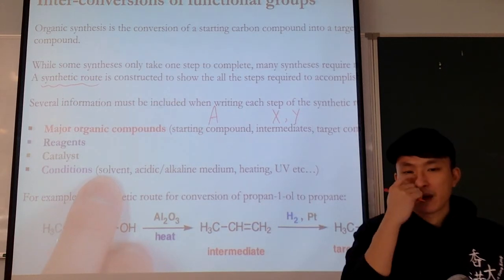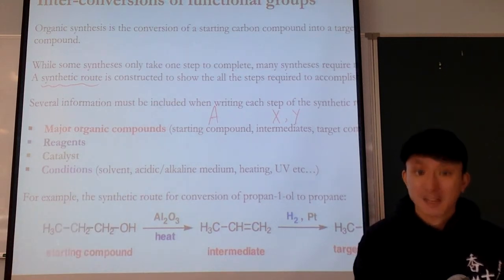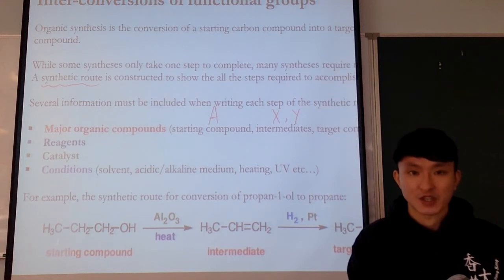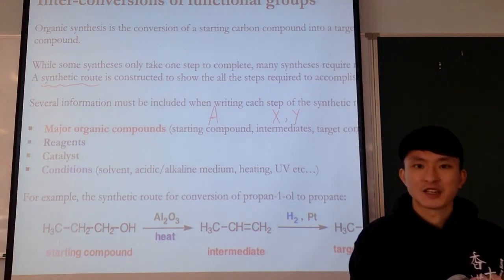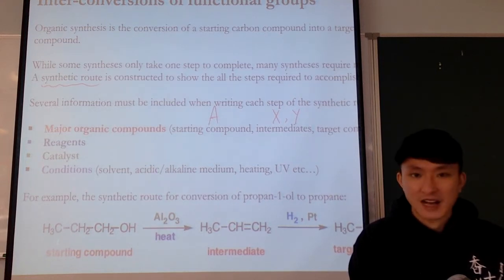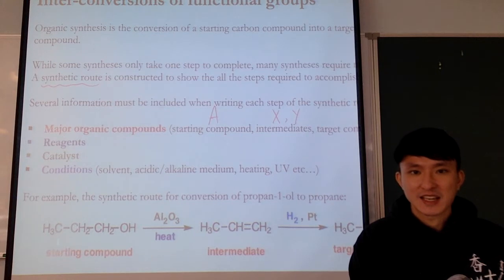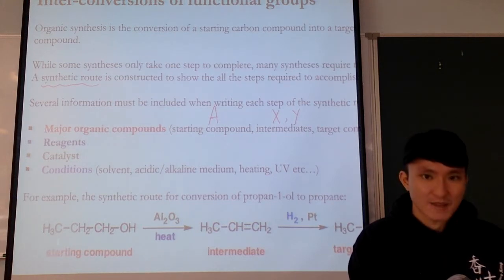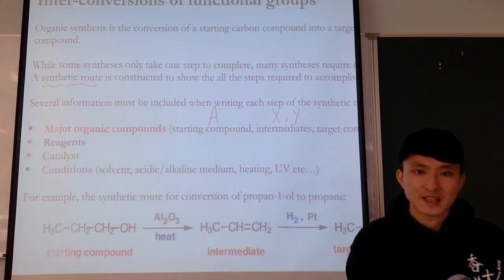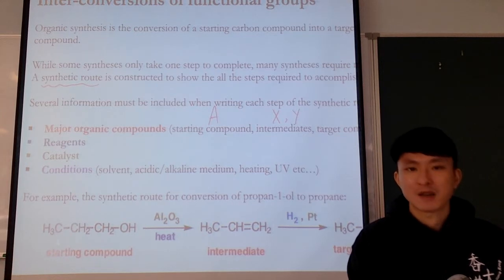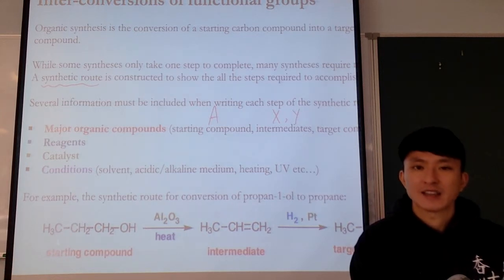For example, if you remember, for the reduction of aldehyde or the reduction of carboxylic acid, we use lithium aluminum hydride, LiAlH4. This particular reagent is highly sensitive to water. So when we are using lithium aluminum hydride, we must first dissolve it in dry ether.